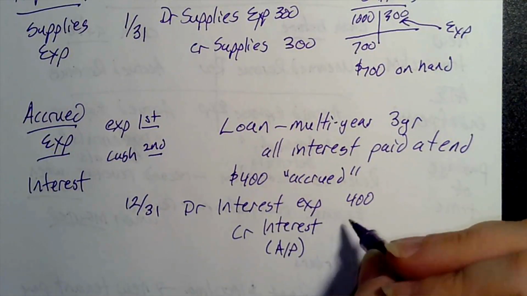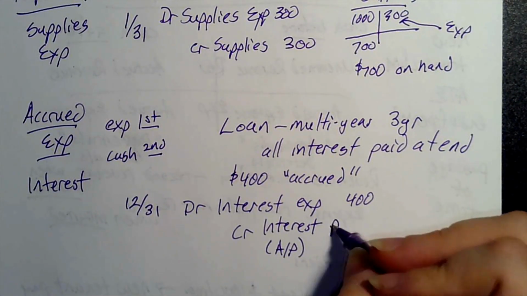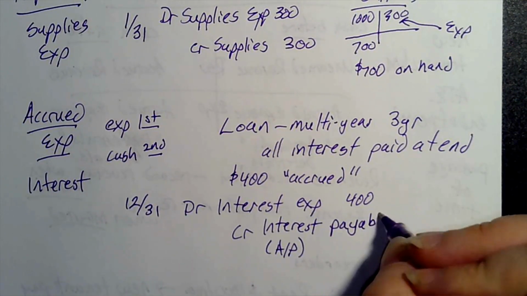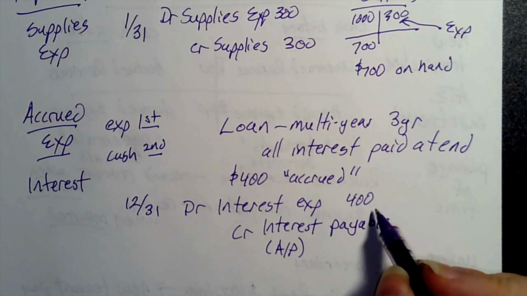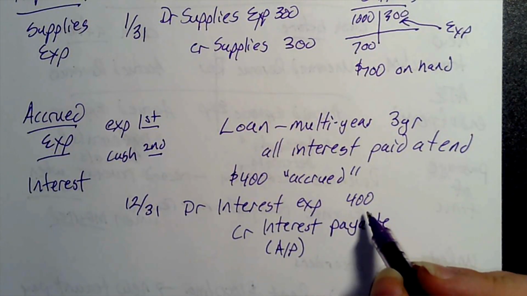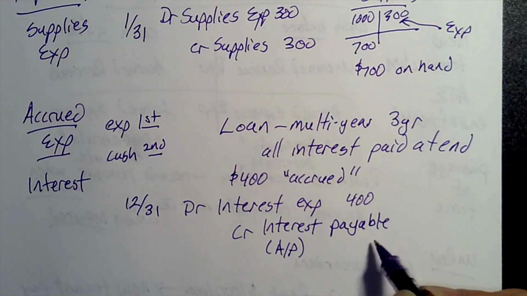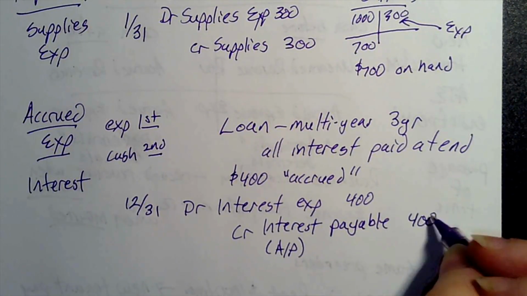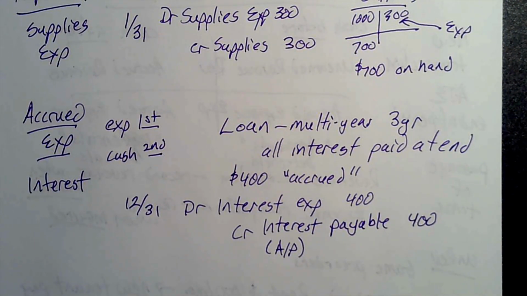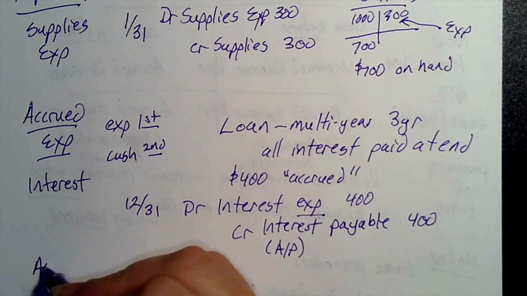So it'll be an interest payable, meaning we're on the hook for $400 of interest expense, but we haven't paid it yet. So we're going to have this payable saying we will pay it later. And so that's an accrued expense. We've recorded the expense first, and then later, after the 3 years, we'll pay all the cash at once.